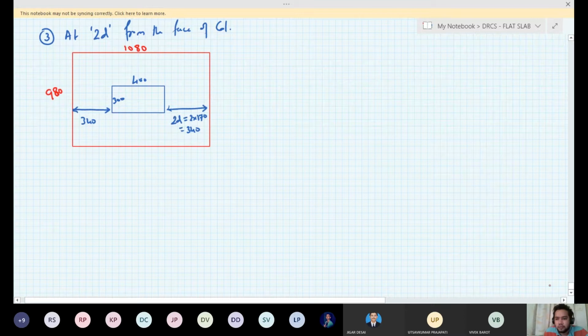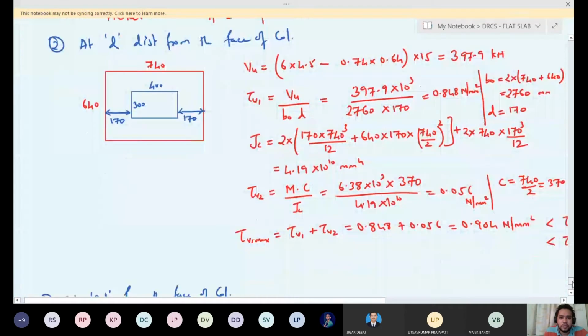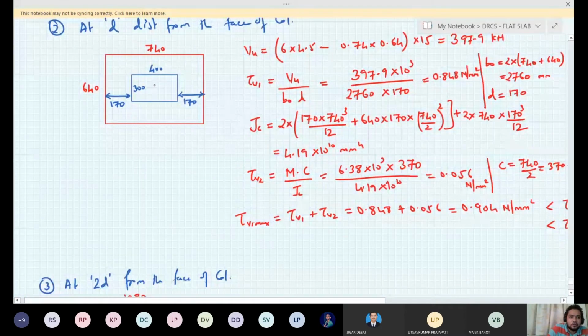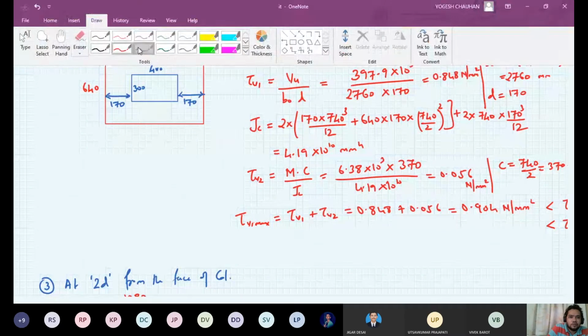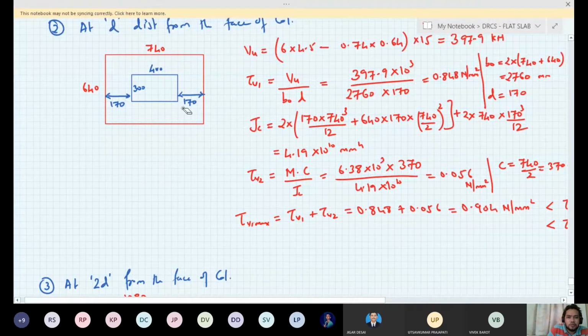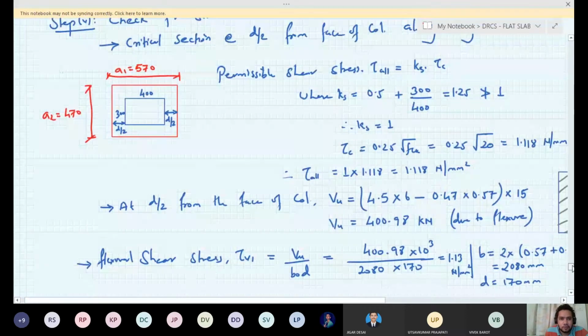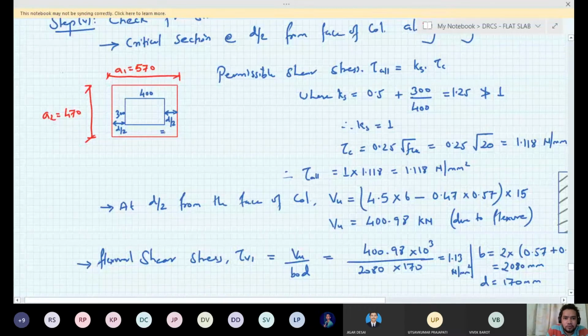Okay, so same steps we will do here also. This is your d. Same, this was d by 2, so that was 170 by 2, that is 85.